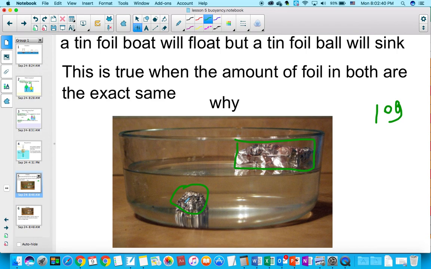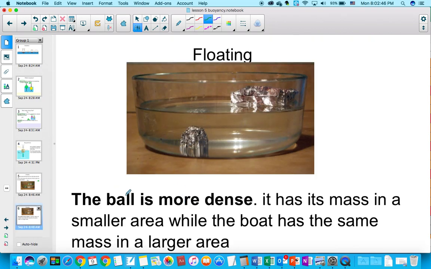Well, they're both the same amount of material, so what gives? Well, essentially, even though they both weigh the same, they have the same mass, the ball is more dense. Again, density is how much matter is in a space, right? So yeah, it's the same amount of matter, but the ball takes up less space.